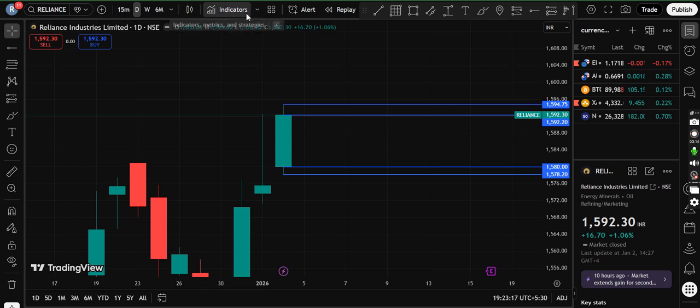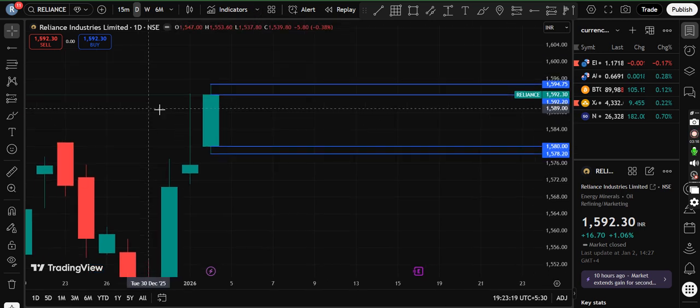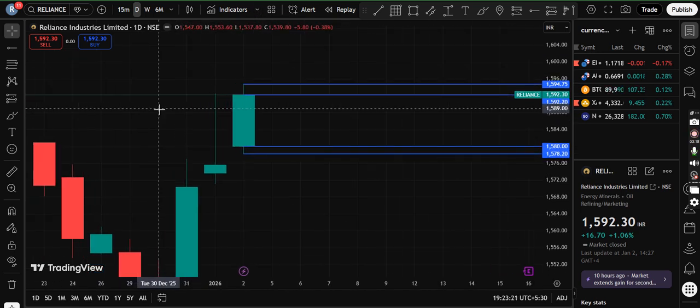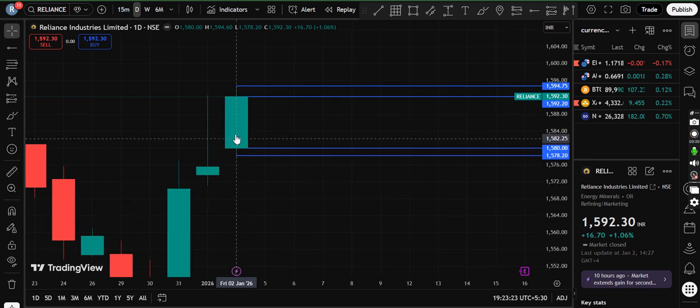There are multiple indicators as well. However, coming to the point, this particular green candle shows the upward move of a Reliance share in the given time frame on Friday, the 2nd of Jan 2026. If you check, the candle opened at 1580.